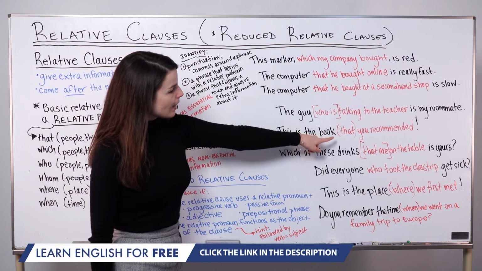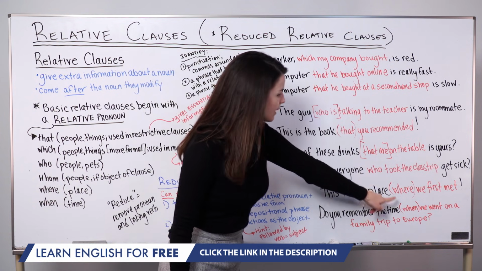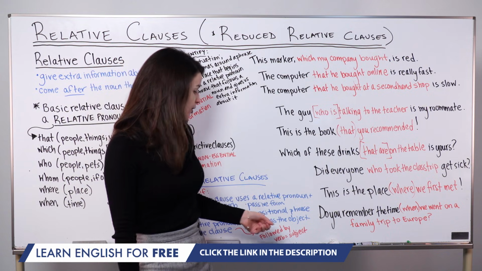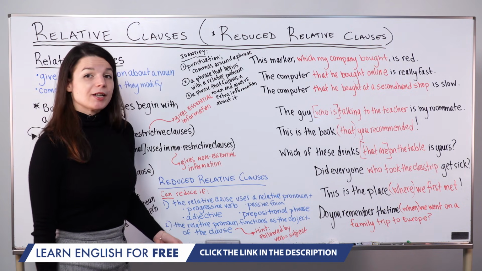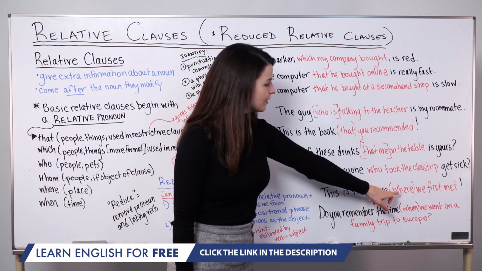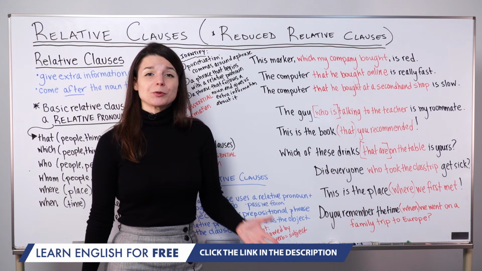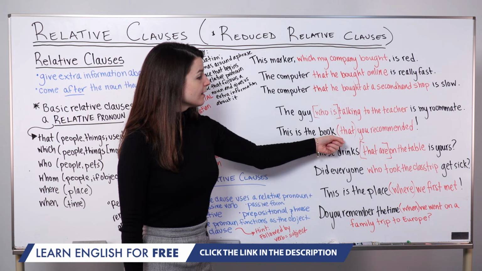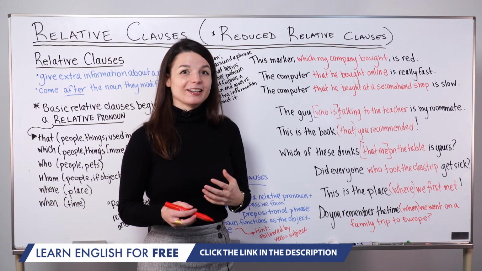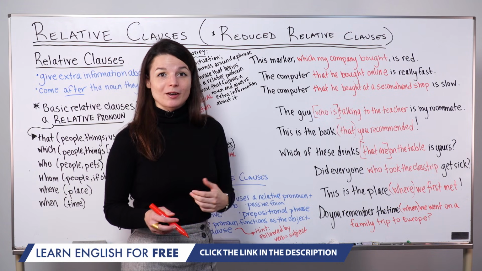So there are these examples like this one, and this one, where there's no linking verb, but because the relative pronoun functions as the object of the clause, it's okay to remove it. So in these cases, it's quite natural to include it, but in cases like that, because that is such a common word, it's kind of a guideline, I suppose, to try to remove it where possible.